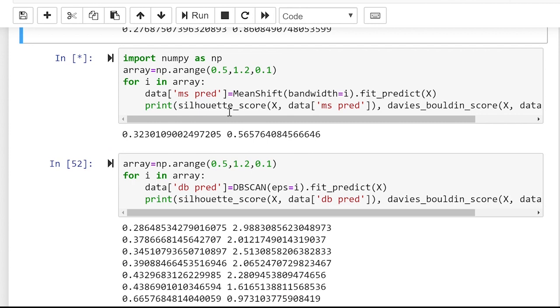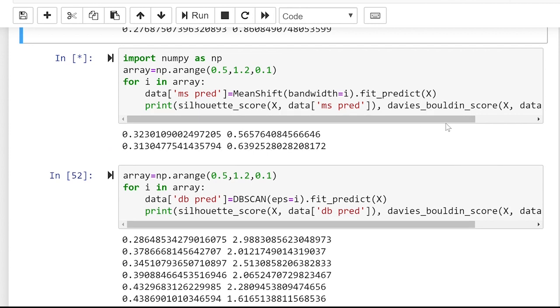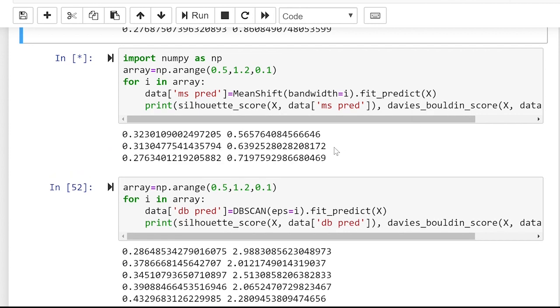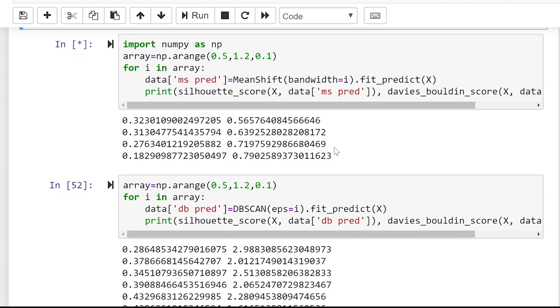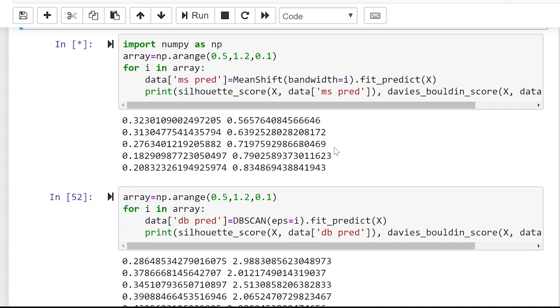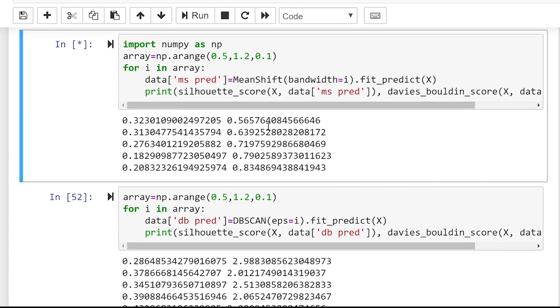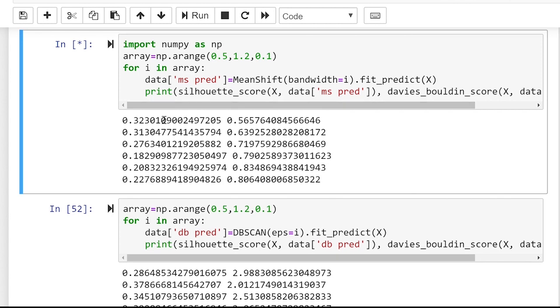Silhouette score, the higher the better. Davies-Bouldin score, the lower the better. So the lowest Davies-Bouldin score is again the first one, and the highest silhouette score is again this one.